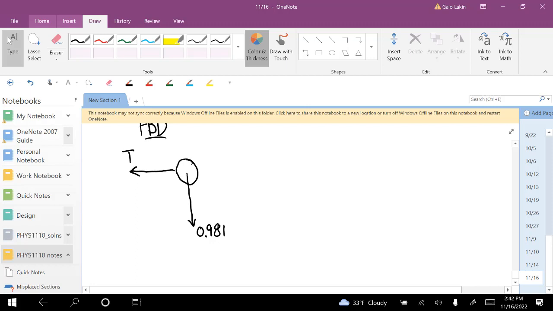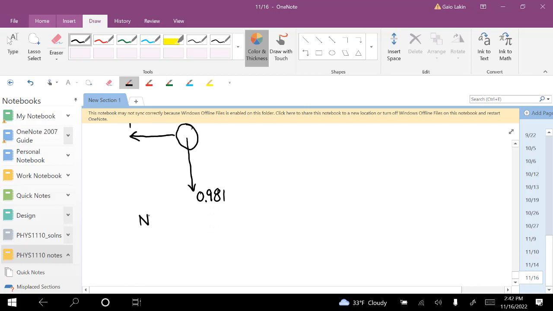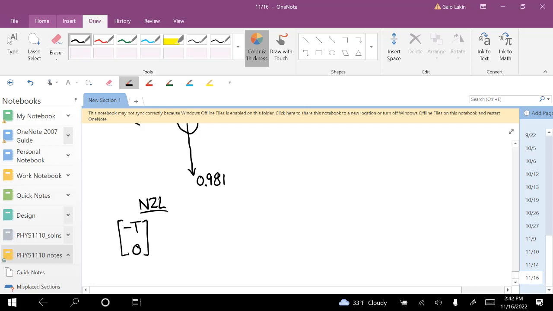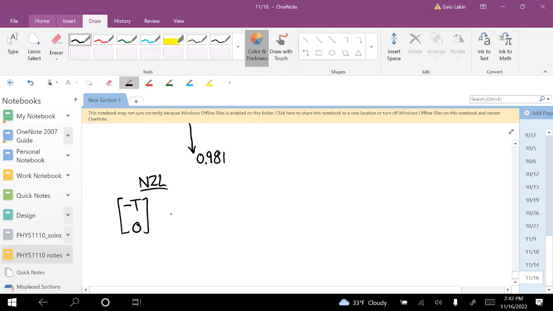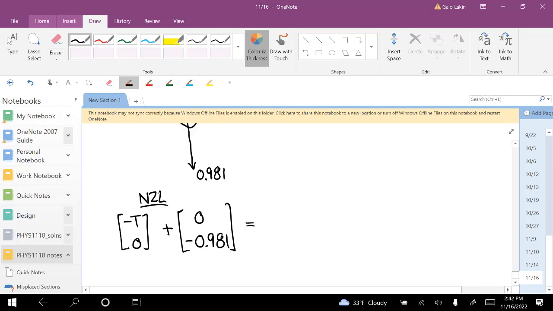Now plug everything we know into Newton's second law. So the forces, we have negative T, 0, because this force is in the negative x direction. Plus 0, negative 0.981. Is equal to the mass times the acceleration vector.